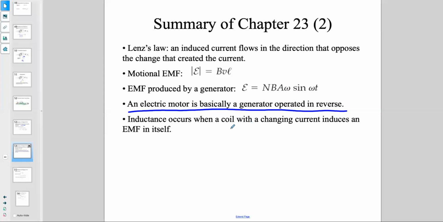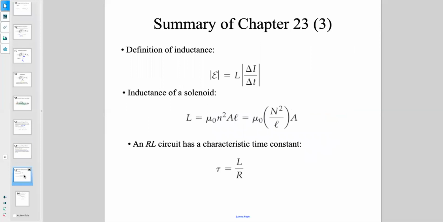Inductance occurs when a coil with a changing current induces an EMF in itself. Okay. And the definition of inductance, you have EMF being equal to L ΔI over Δt.